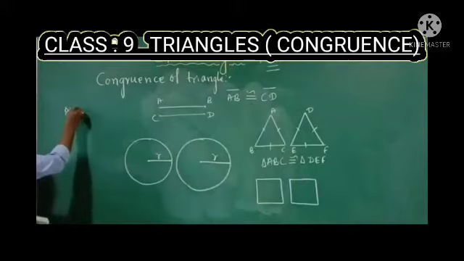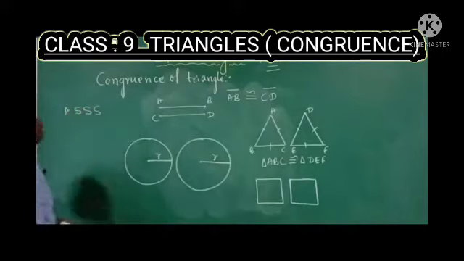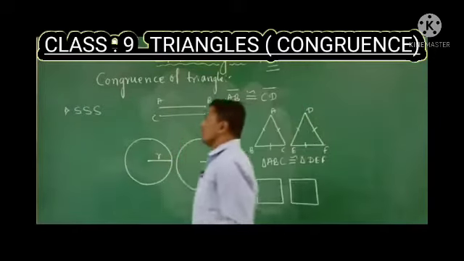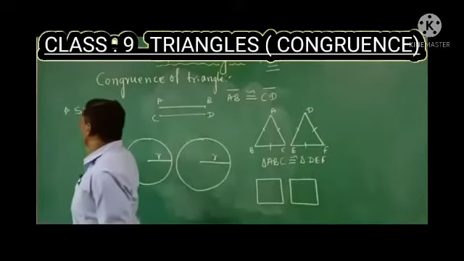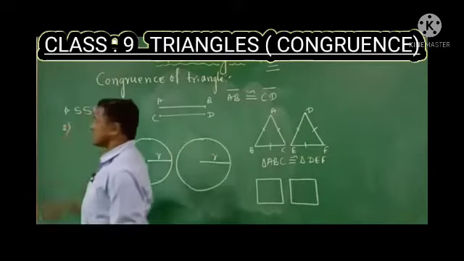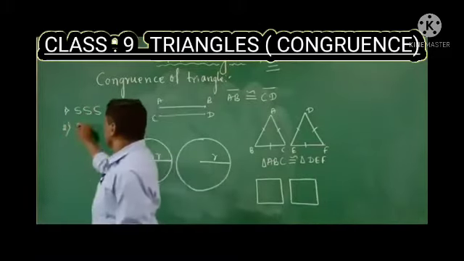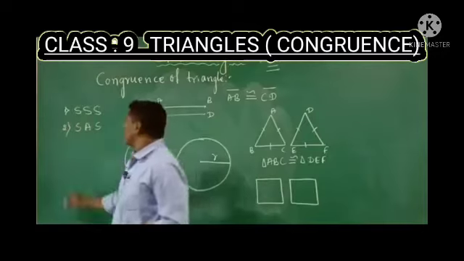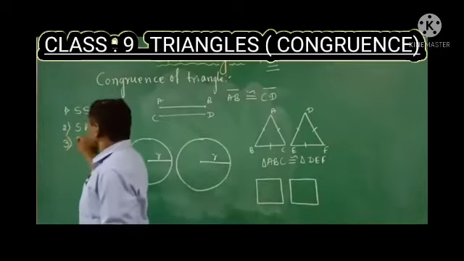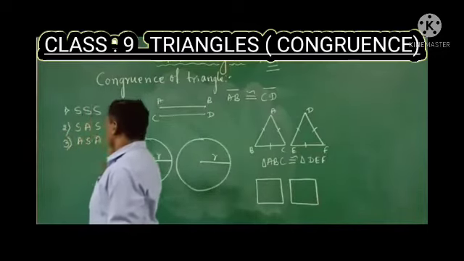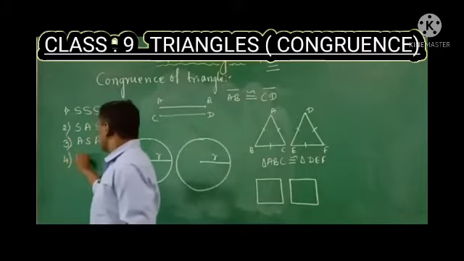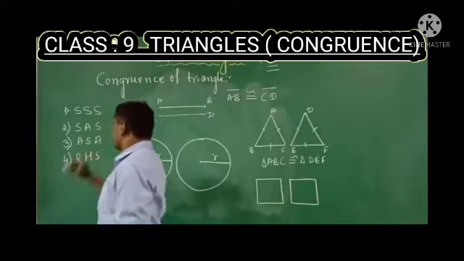Here S means side, A means angle. First is the SSS congruence criteria. Second one, the SAS congruence criteria. Third one, the ASA congruence criteria. Fourth one, RHS.